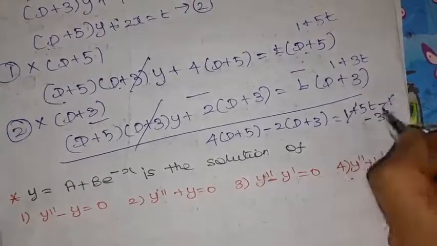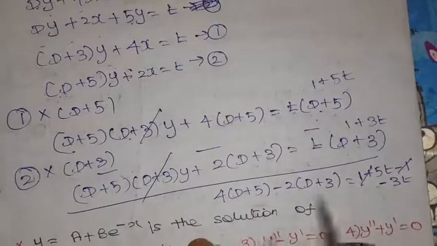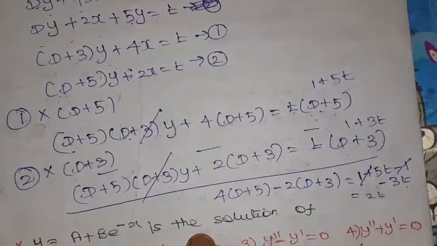So 1 and 1 get cancelled. By simplifying, 5t - 3t is 2t. So the right-hand side is over.